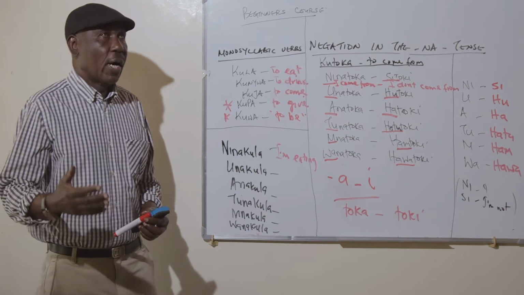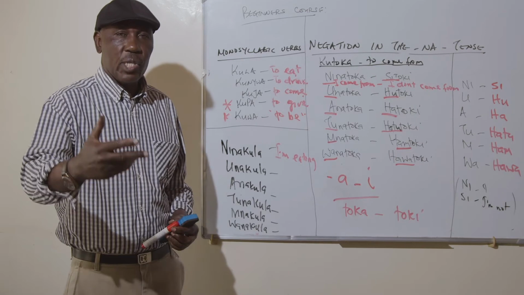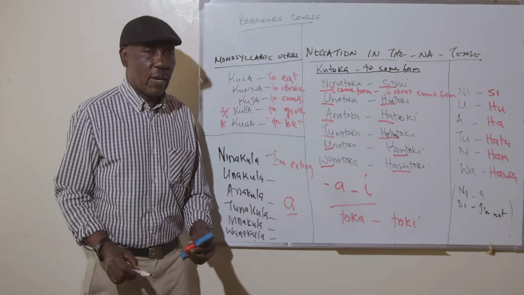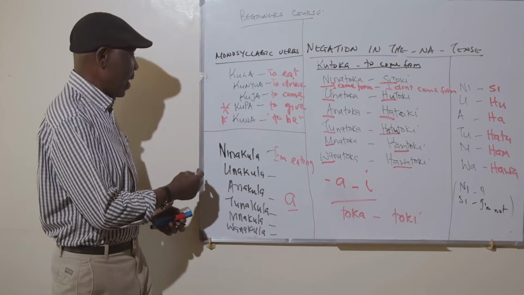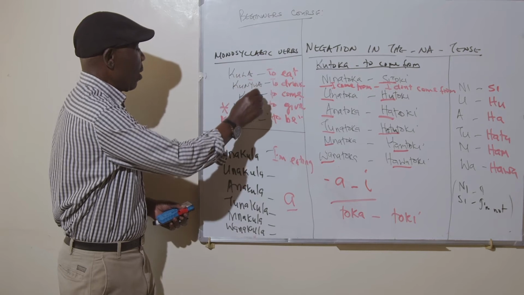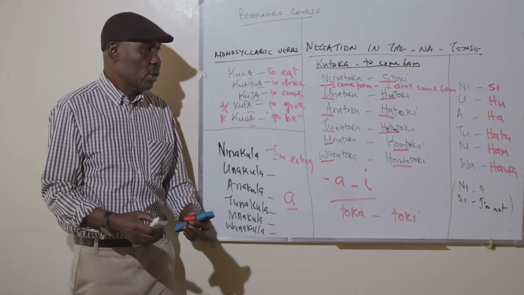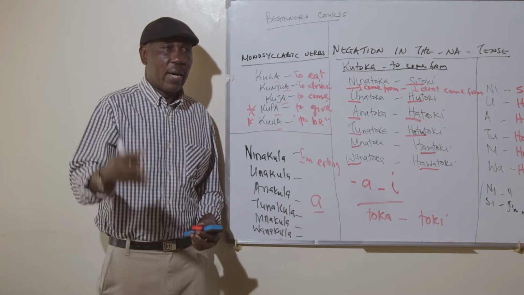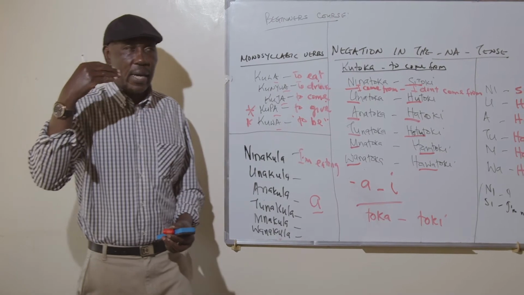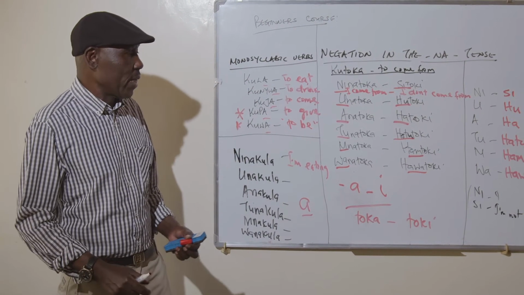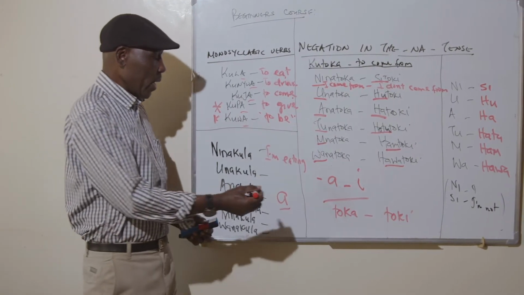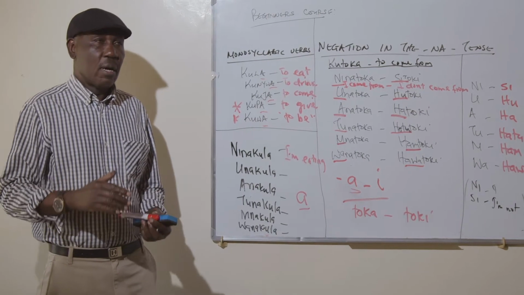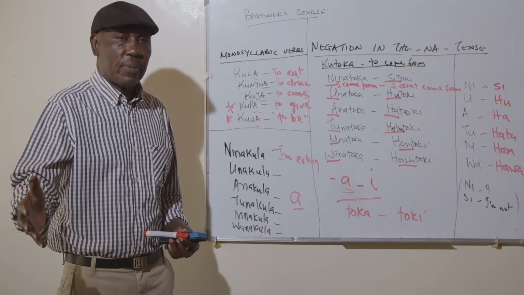I would also tell you that most of the verbs in Kiswahili end in a. They have suffix a, like kula, kunywa, kuja, kupa, kuwa, and we also had penda, toka, and itwa. The majority of the verbs in Kiswahili end in a, and these are the Bantu origin verbs.